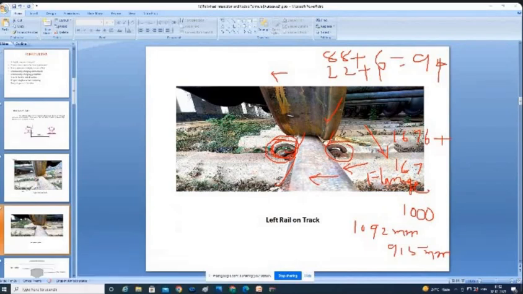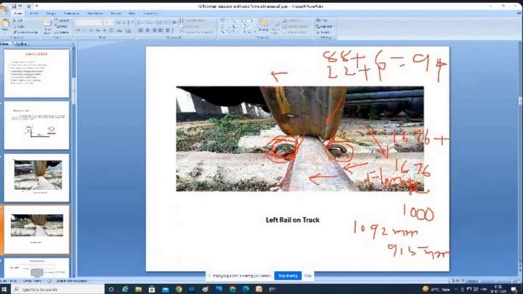The gauge 1676 should not be allowed to increase. If it is not maintained, the Pandrol clips are not holding. If the Pandrol clips are strong, then even though our wheel set is hitting with the flange force, the rail will not move out. Is it clear? Clear, sir. That is why the trackman is very, very important.